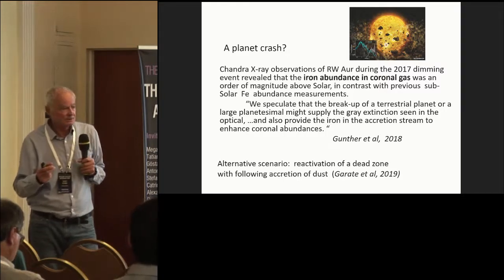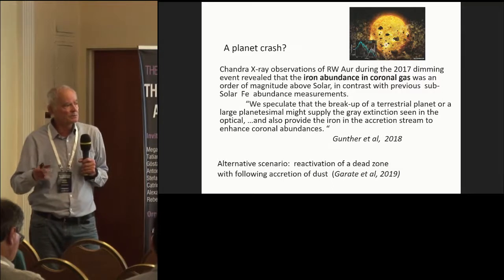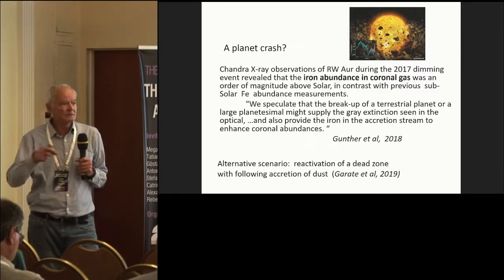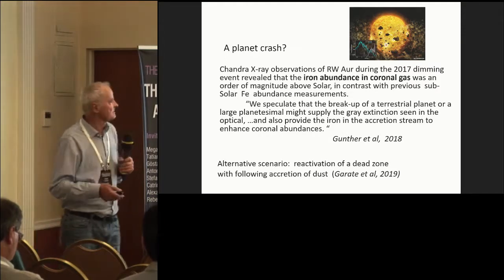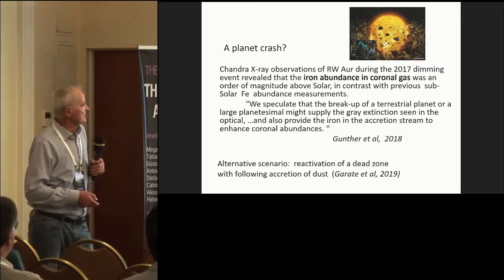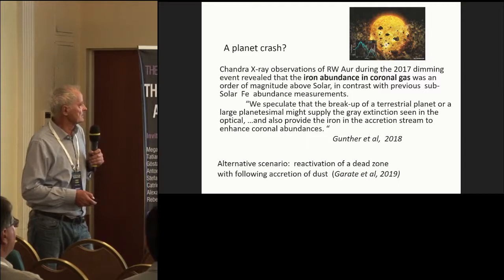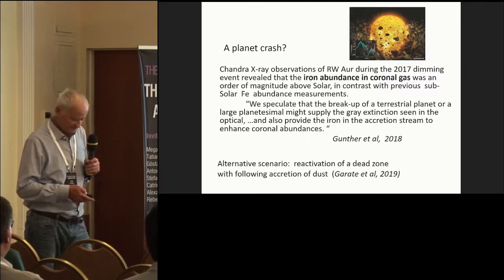And when such a dead zone is reactivated again, the accumulated dust is accreted onto the star. Maybe it's more physical than the previous speculation about the crash of planets.